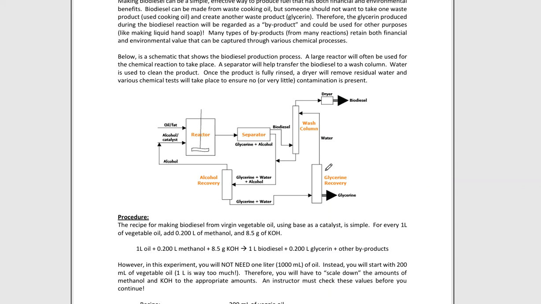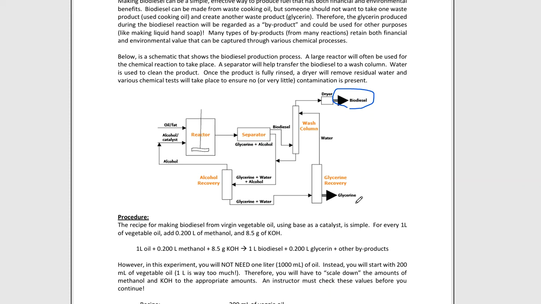So once more, water goes in, the water gets drained off, the water can be recycled and reused maybe, and then after the washing takes place, we can take that biodiesel, dry it, heat it up, get rid of the water, and then we have hopefully B100, which is our biodiesel product.